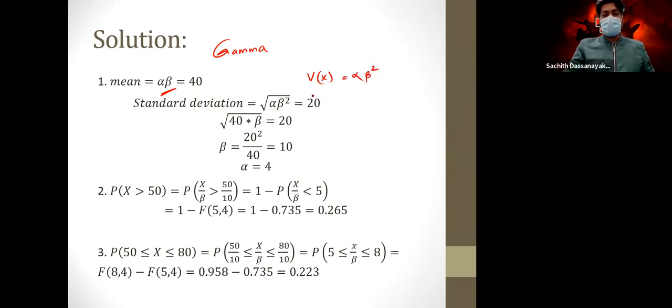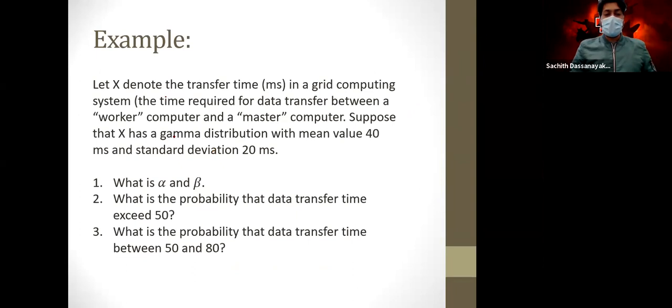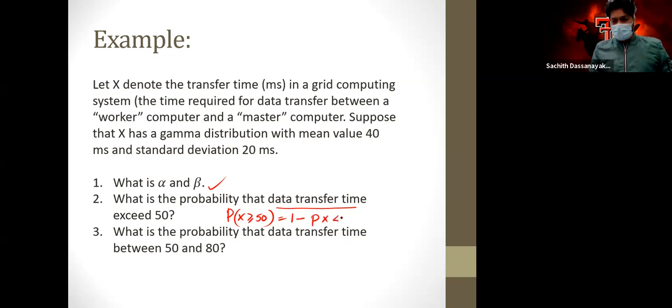So the first question was to find alpha and beta, and the second one is to find the probability that the transfer time exceeds 50, which means x greater than or equal to 50, it doesn't matter. You can find this using negation, which means 1 minus the probability of x less than 50, right?